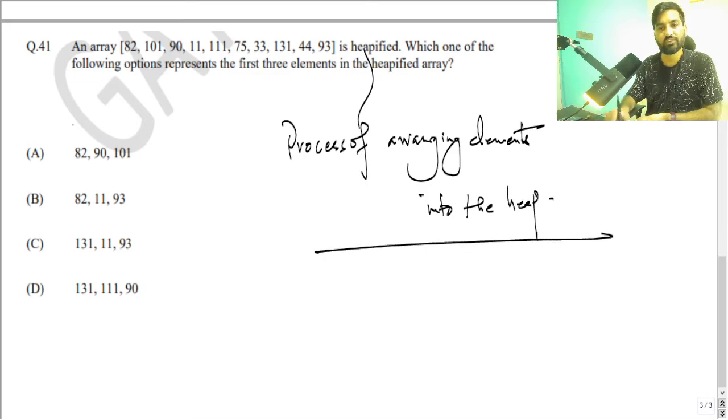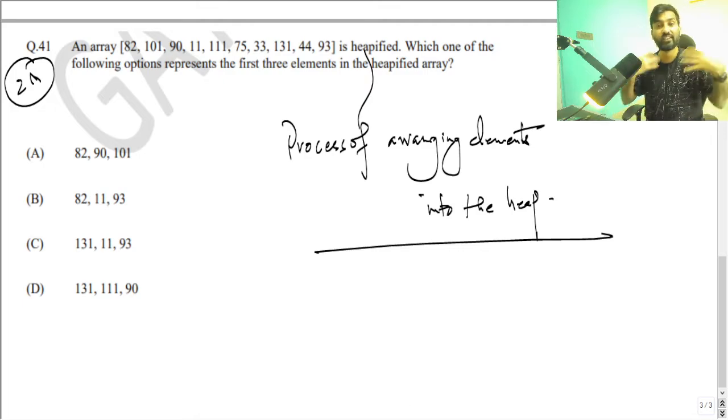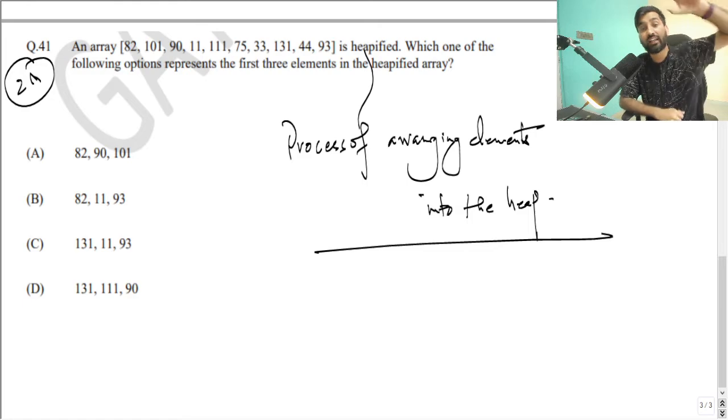So in this question, since this is a 2 mark question and they did not mention whether you have to get a max heap or a min heap, what we can do here is we have the input array, and you have to perform the heapify operation. If the heap is a max heap, we have to rearrange the elements such that the largest element becomes the root, and the heap property is maintained.